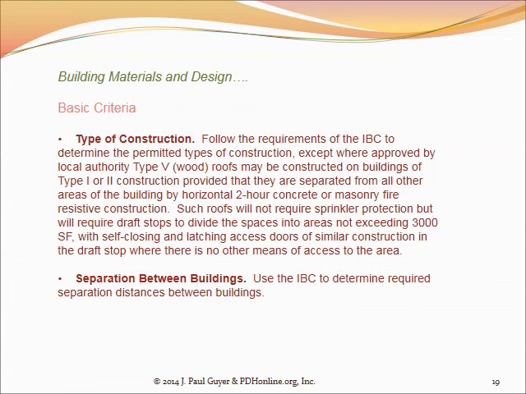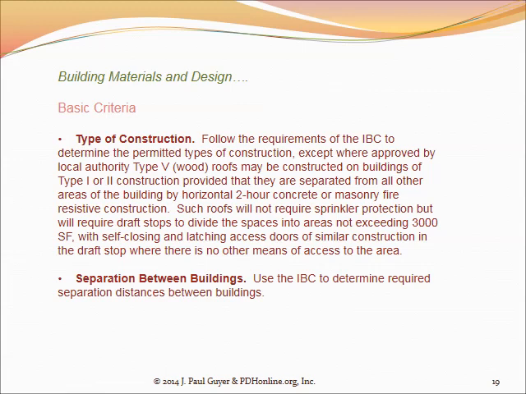You just have to look it up in the code, probably the IBC, International Building Code, and comply with those separation requirements. If your building is too close to another building, the code may dictate that, for instance, you construct the separation wall with a high level of fire-resistive construction, and perhaps extend that firewall, separation wall, a certain distance above the roof line.